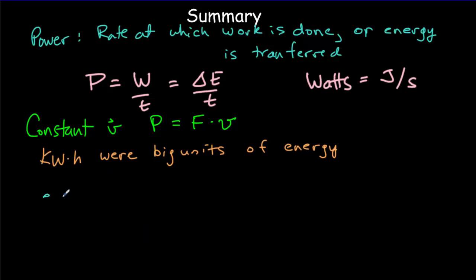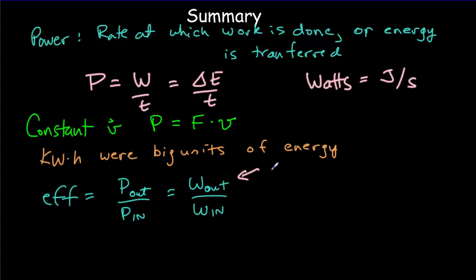We saw that efficiency was equal to the ratio of the output power divided by the input power, or we could write that in terms of work, the output work divided by the input work. This output work is the useful stuff that you're after, that you want. The input is what you got to give up to get it.